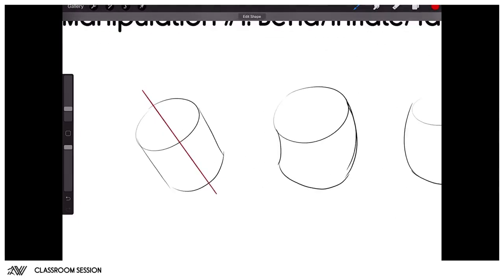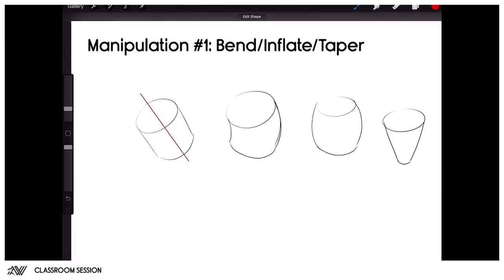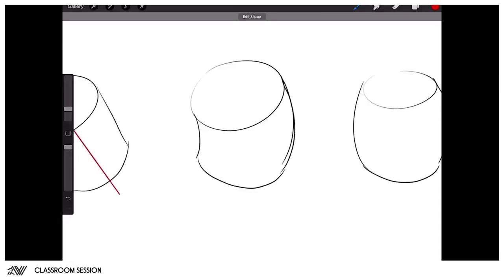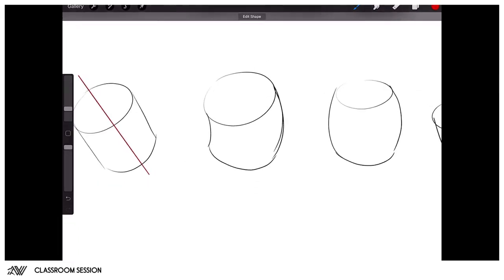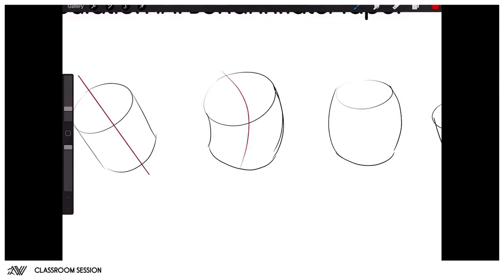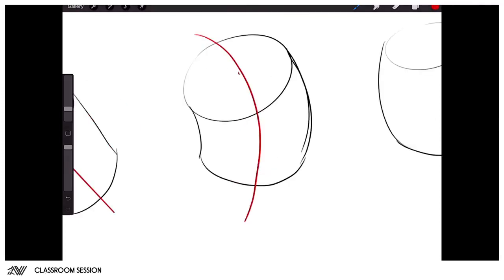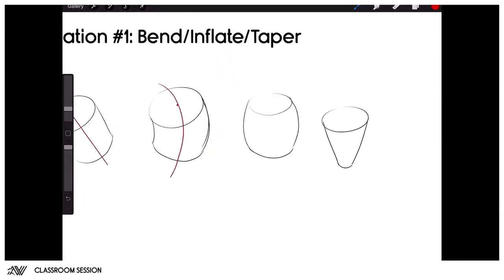So if we think about the minor axis that runs through all our cylinders, that can definitely be of use when we're bending our simple shape, right? Because instead of it just being straight, our minor axis is just bending along with our object, right? So it's going in here and coming out the end.